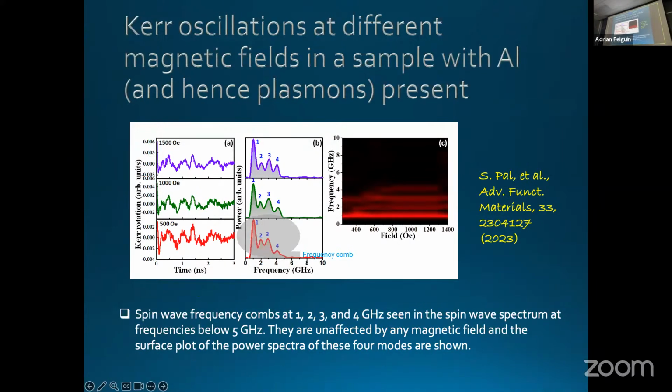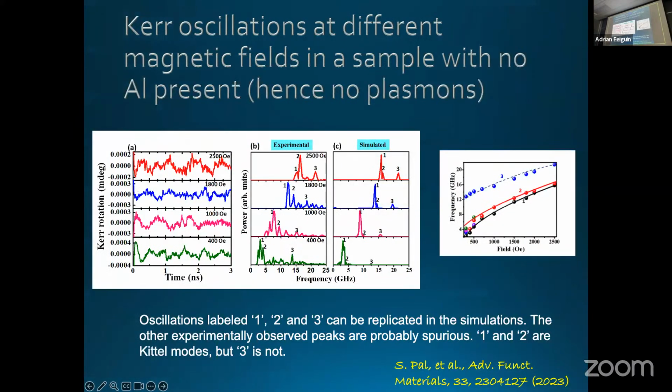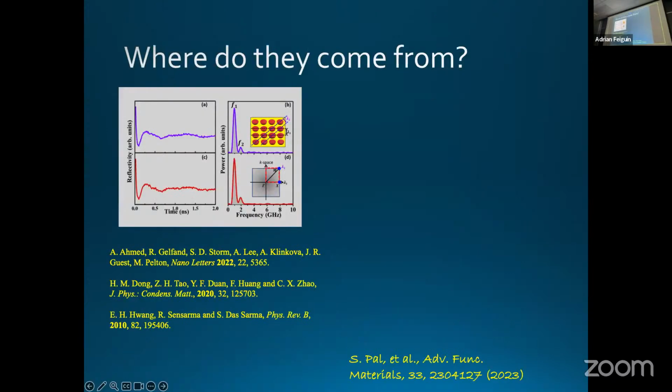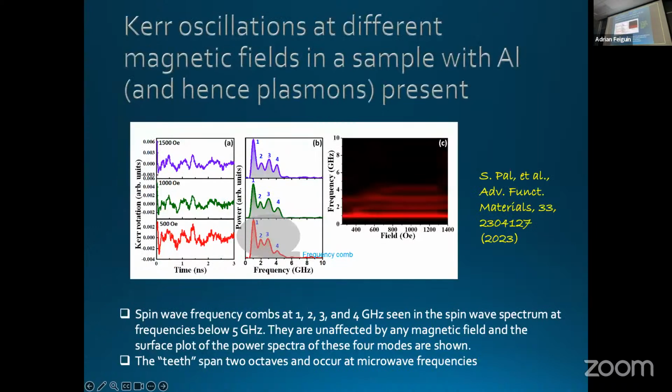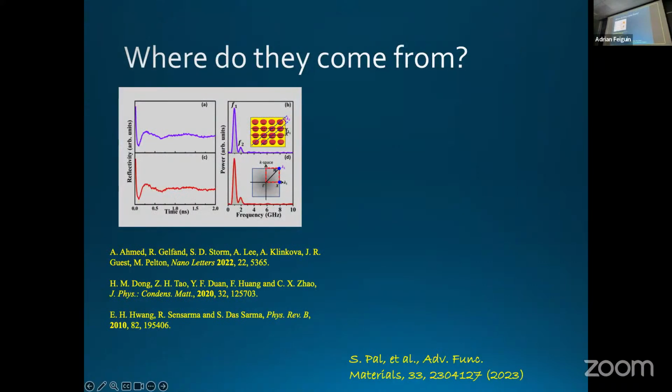This mode due to periodic laser heating and cooling is causing nonlinear coupling between magnons and phonons, and that is giving rise to this frequency group here. And the spacing is exactly 1 gigahertz.